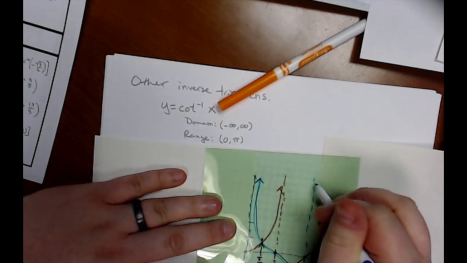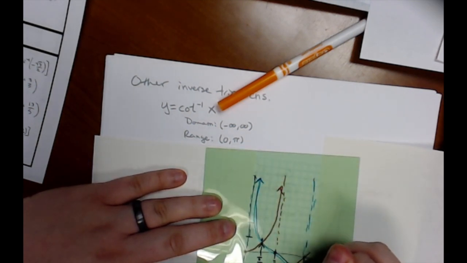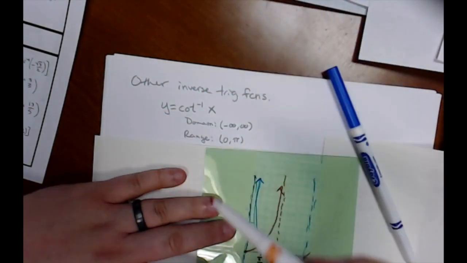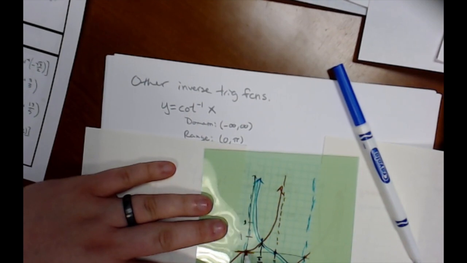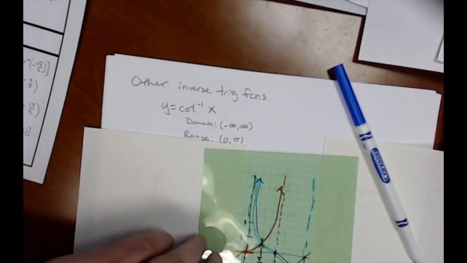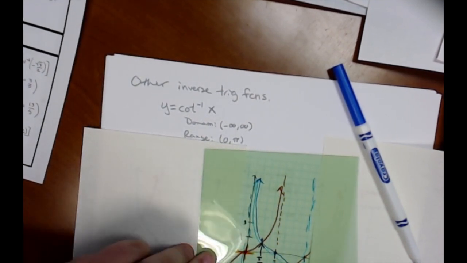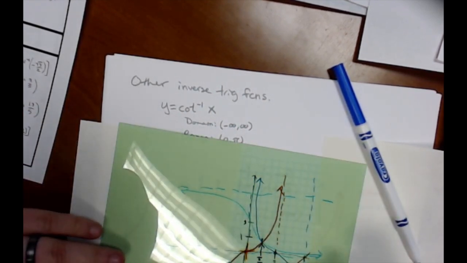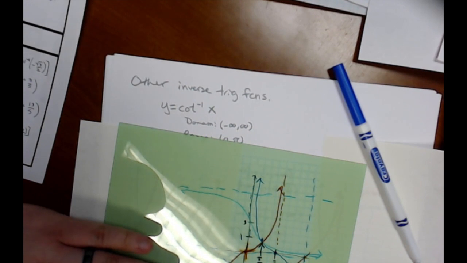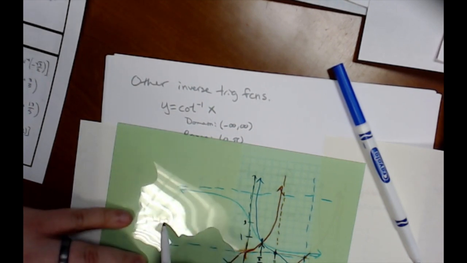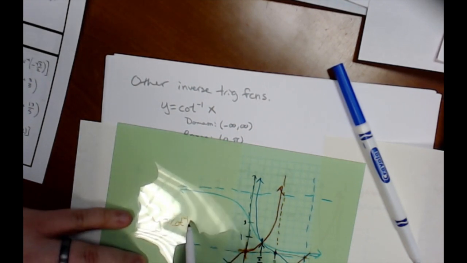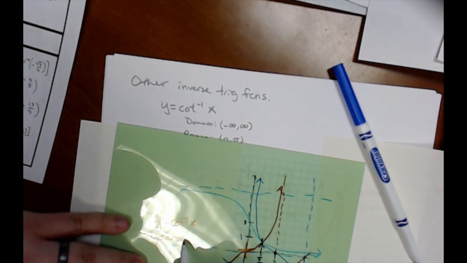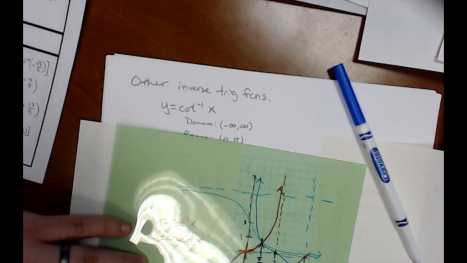Again, we can copy over our asymptotes, being mindful that we need to reflect it about the origin. This is what our y equals cotangent inverse of x, or y equals arc cotangent, looks like.